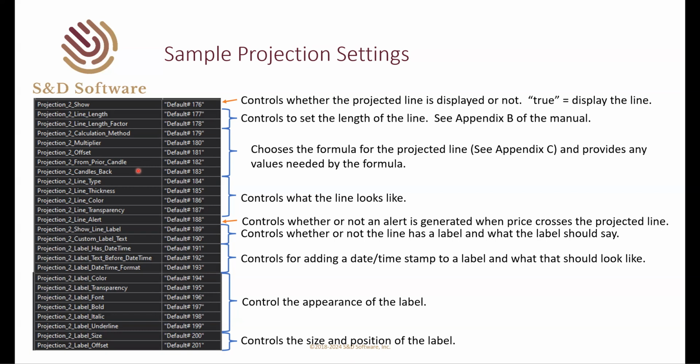And that would be the starting point for the line and where the line would be calculated from. After that, we have the usual suspects to control what the line looks like, just like we saw previously. You have an alert capability, so you can tell the session tool to notify you if price crosses this projected line.